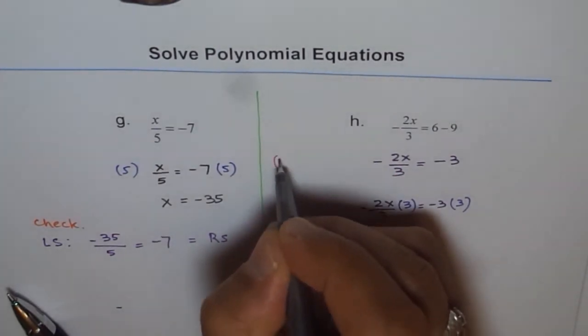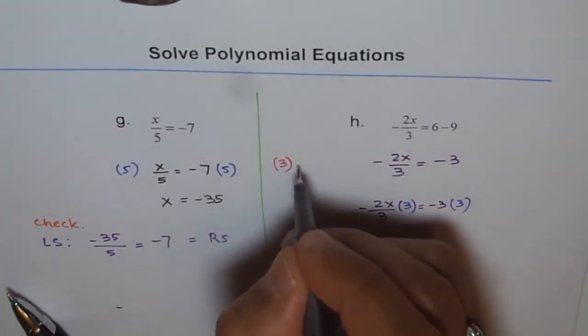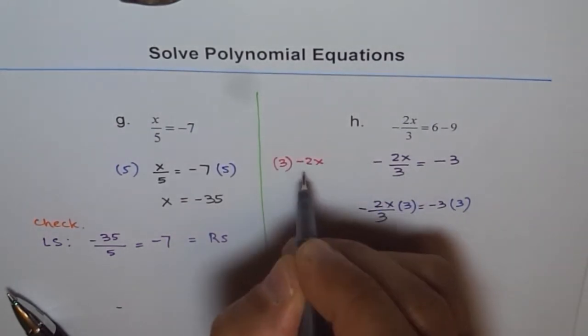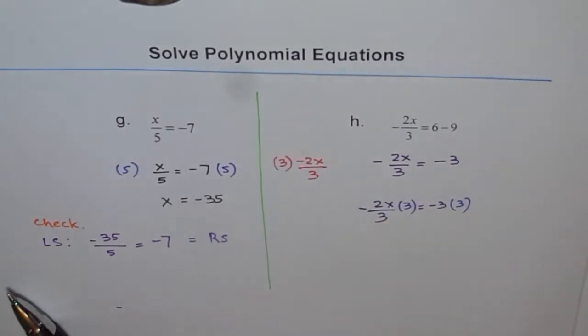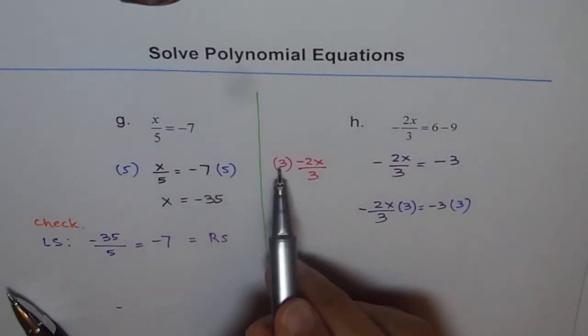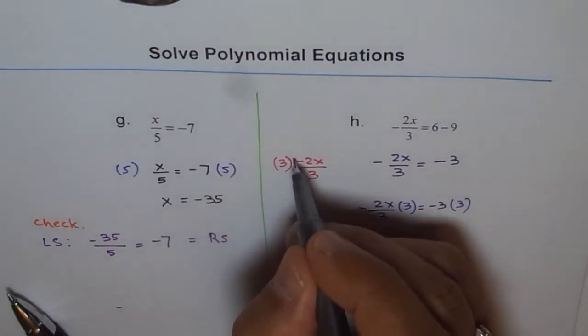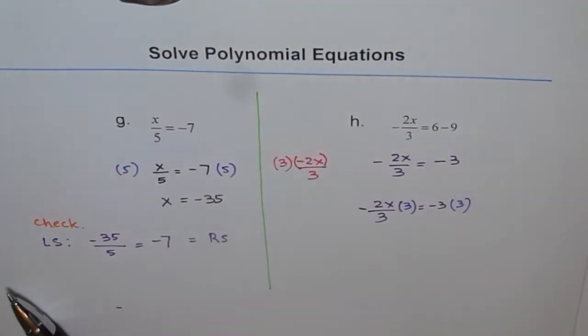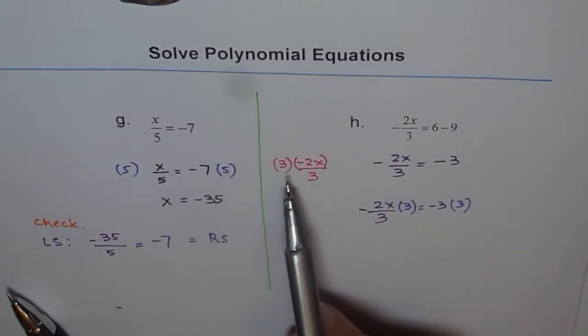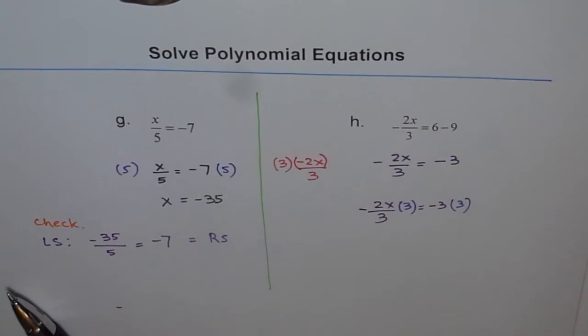Now if you write it this way, you may get confused whether this 3 is being multiplied to minus 2x or things like that. In such cases, I would like you to put these things in brackets. Now it is absolutely clear that 3 is getting multiplied to minus 2x.